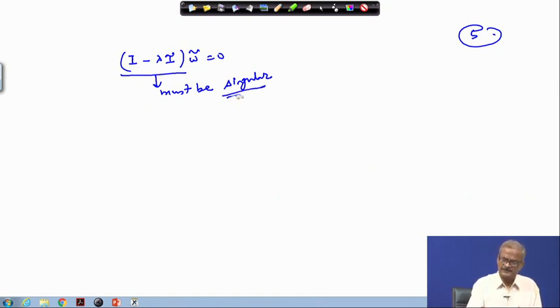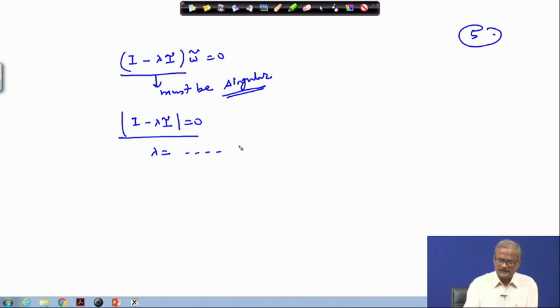This implies that this must be singular, only then the determinant will vanish. And then if you set this lambda I tilde expression to 0, you can solve for lambda. So, you get 3 values for lambda, say lambda 1, lambda 2, lambda 3.